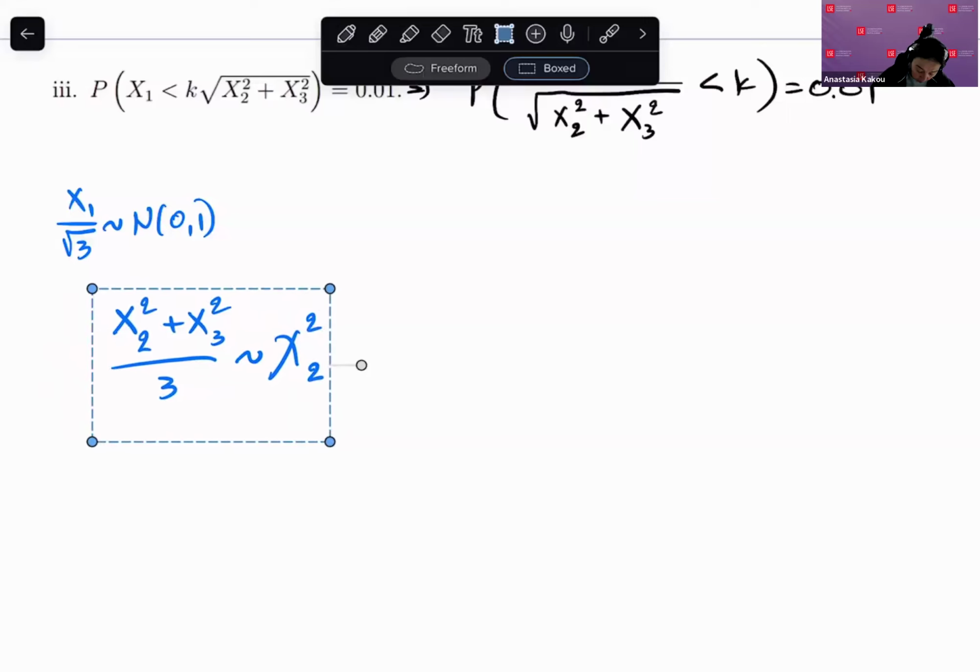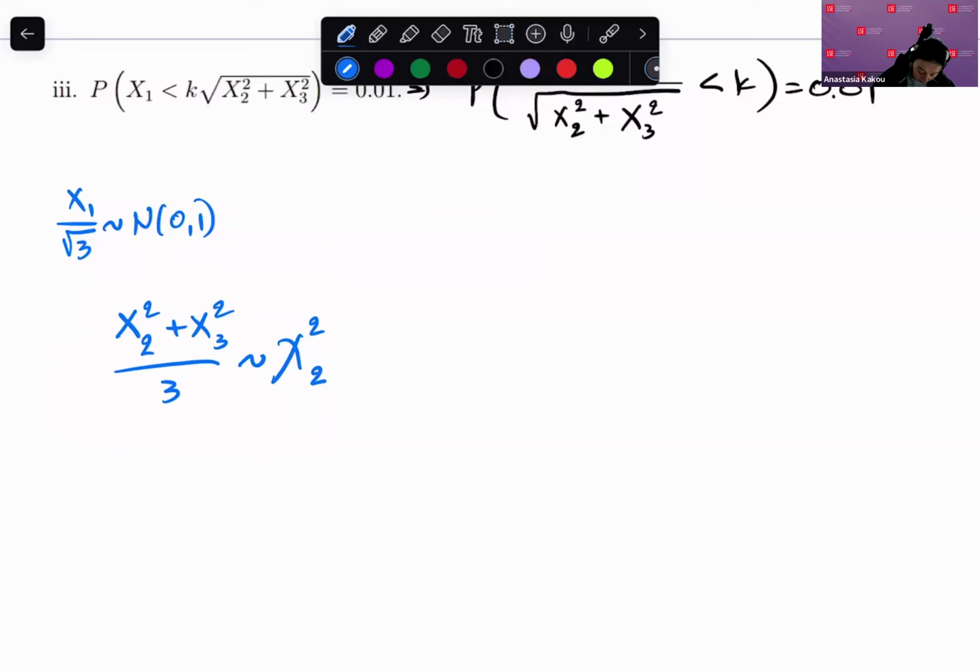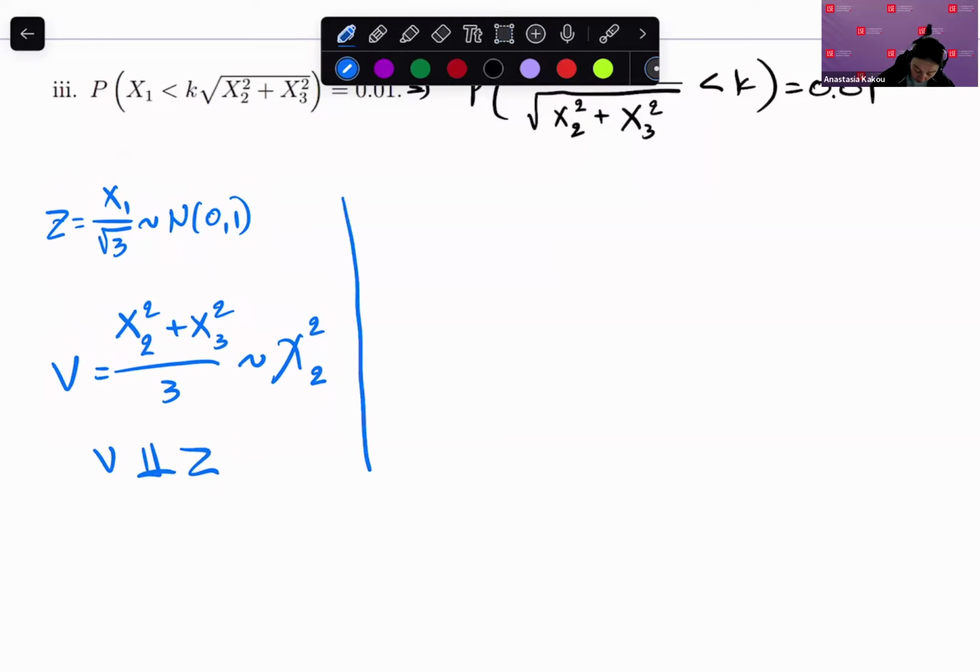And let's call that variable v, and let's call that variable z. So v and z are independent because they don't have any common xi terms.